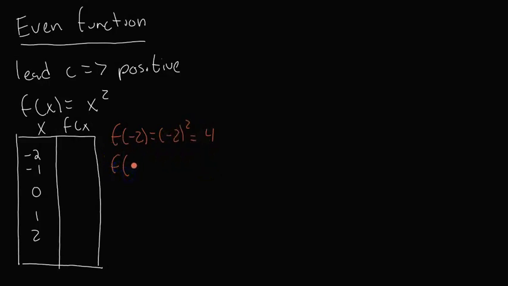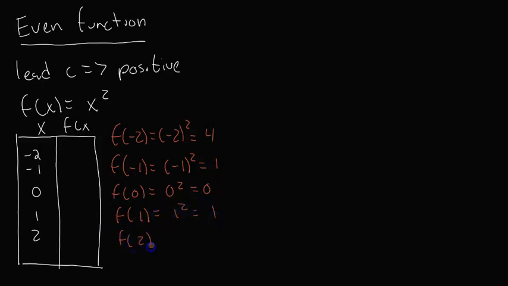Now let's look at f of -1, which in this case is -1 to the second power, which is -1 times -1, which is 1. F of 0 is simply going to be 0 squared, which is 0. F of 1 is going to be 1 squared, which is 1.